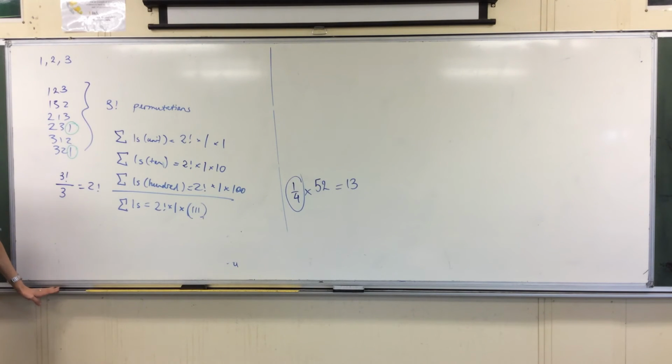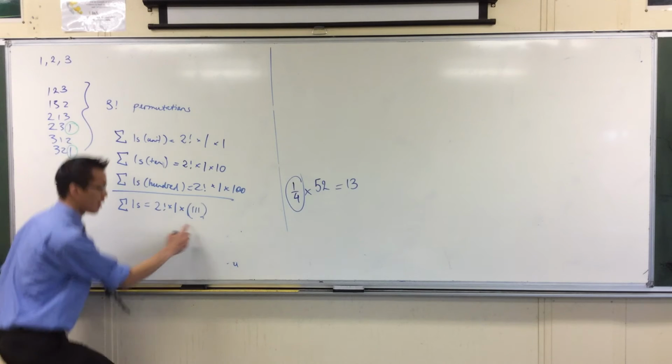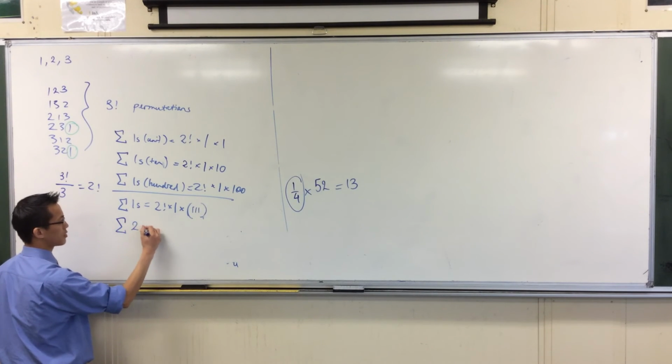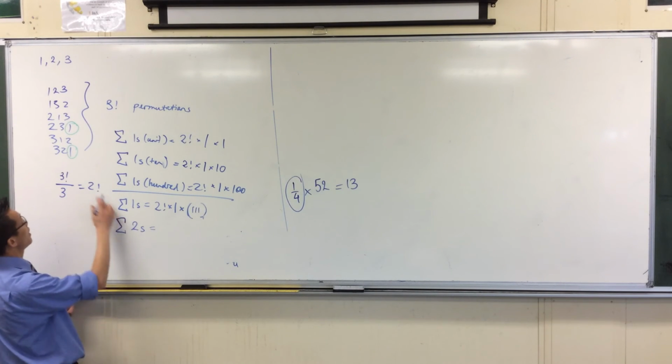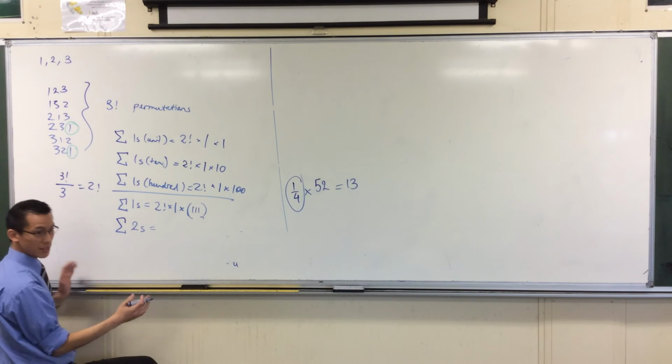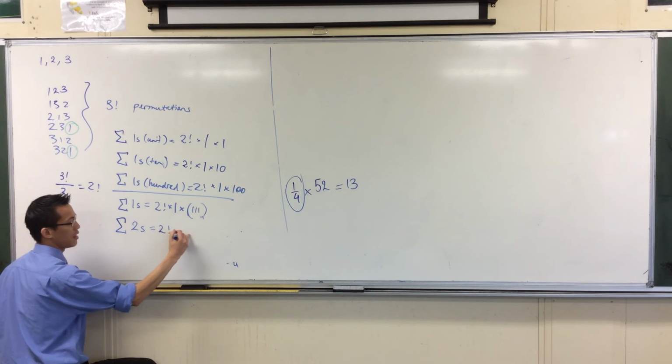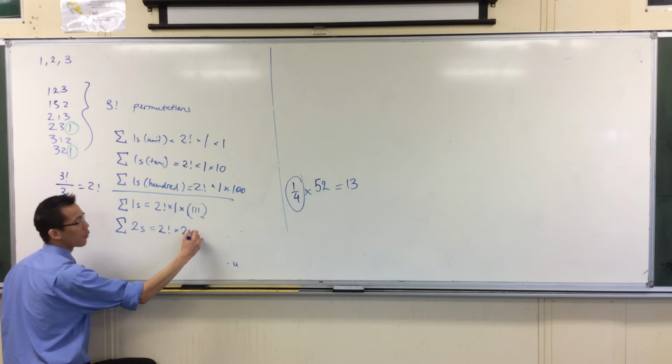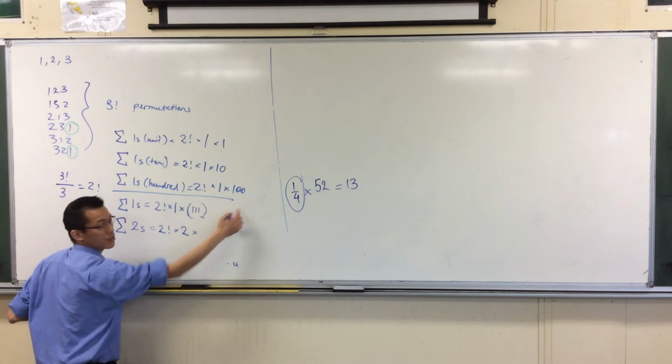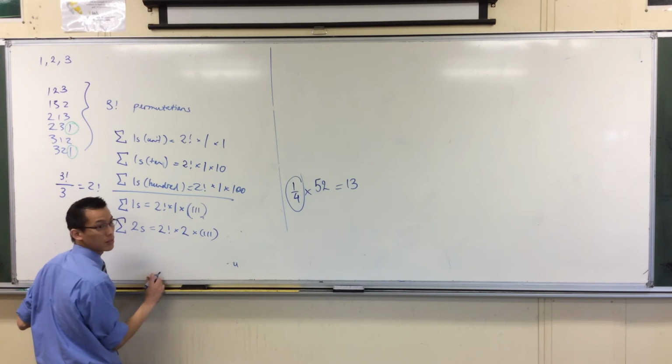If that's what all of the 1s are, then I can work out what all of the 2s are. How many 2s are there as I go through each column? The answer is still 2 factorial. They're now worth 2 each, but when I add up the units, 10s, and 100s, I end up with 111.